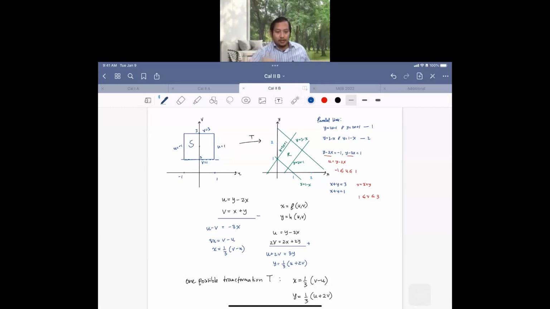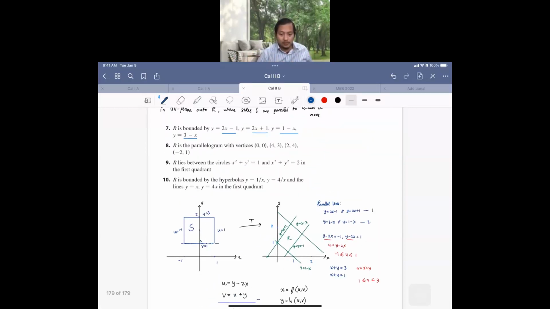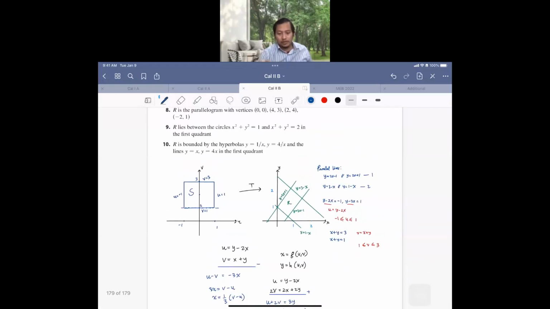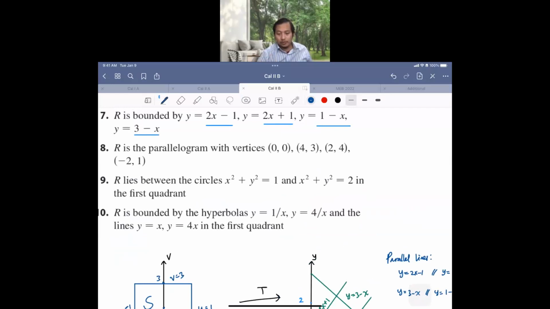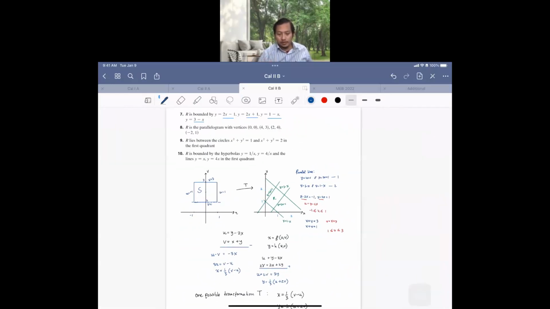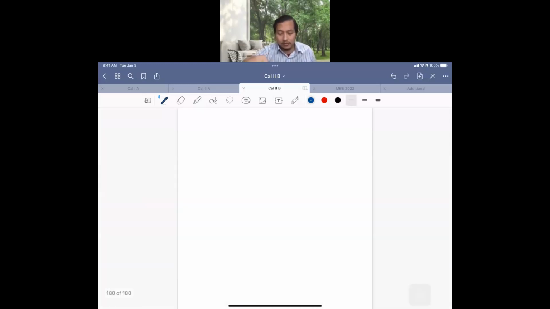Okay. I think we can look at maybe number 9. Number 9, the circles. So we have circles x squared plus y squared equal 1 and x squared plus y squared equal 2 in the first quadrant. So in the first quadrant, we have 2 circles. Let me first make a circle.